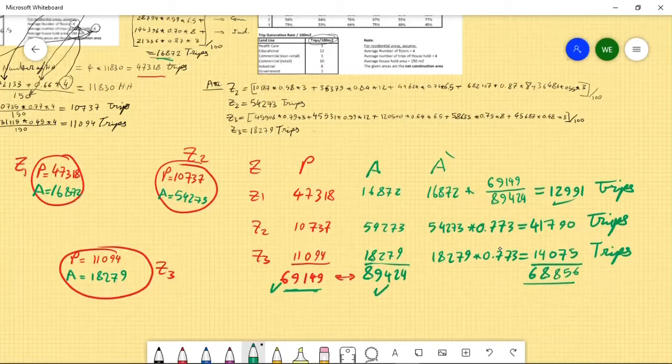You don't just take the 2 digits, you take the full digits. 4 digits, I think. So this 968, and the other one will be 18,279.